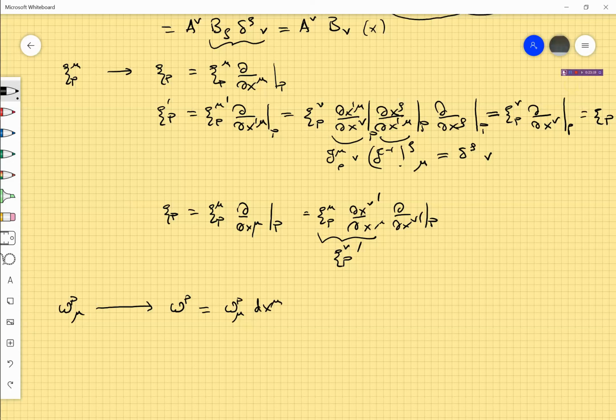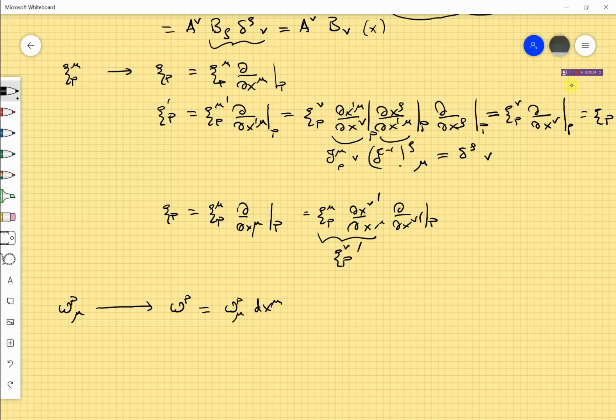Okay, again, if I don't know how this transforms, suppose that I just have to remember that by definition this is going to be an intrinsic object, so this should have the same expression in the prime coordinate system.